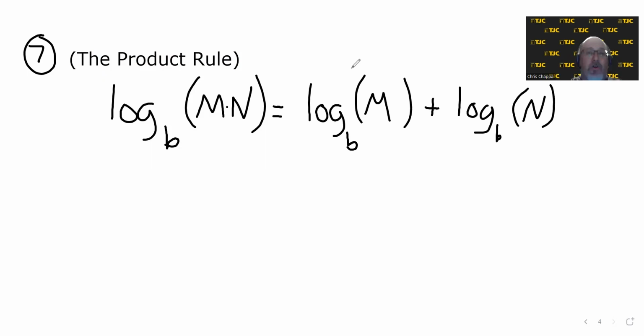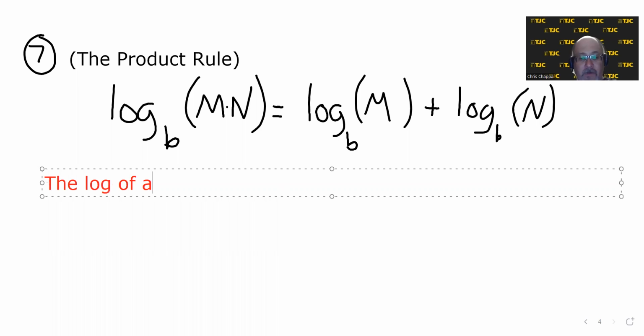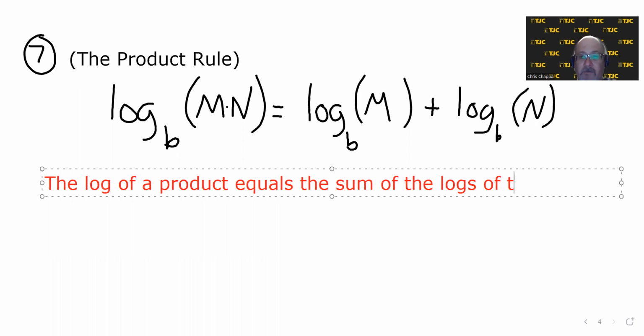This could be written in words. You could write it this way. The log of a product equals the sum of the logs of the factors. Factor by definition is part of a multiplication problem.